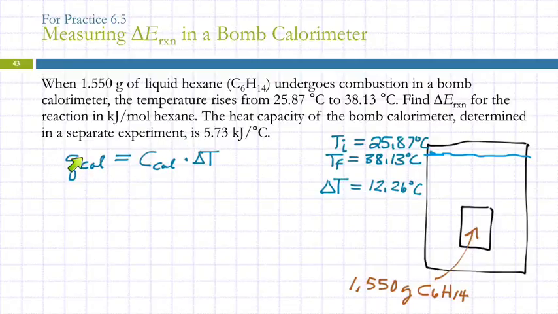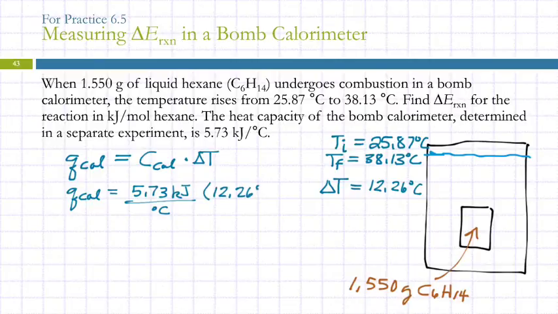So we can calculate how much energy in joules or kilojoules was absorbed by the calorimeter. Does that make sense? So the energy absorbed by the calorimeter equals the calorimeter constant, 5.73 kilojoules per degree Celsius, times the change in temperature, which we just calculated as 12.26 degrees Celsius.